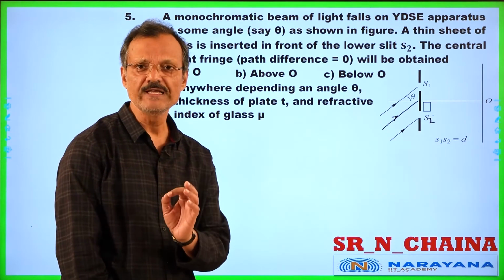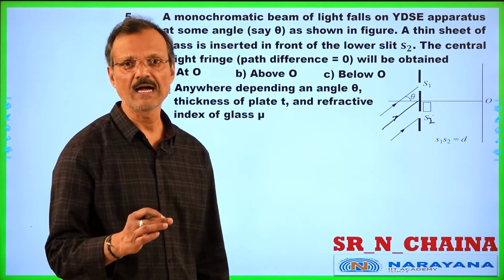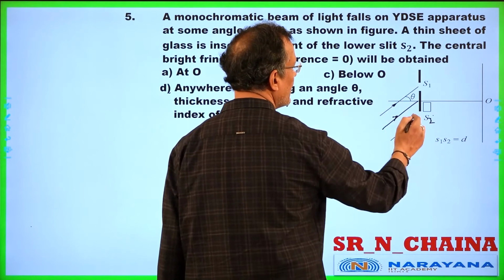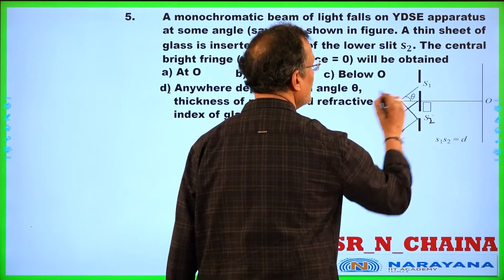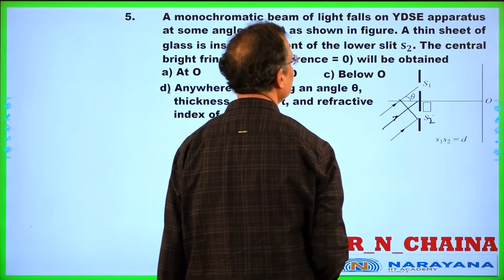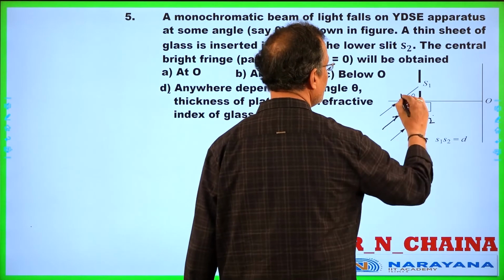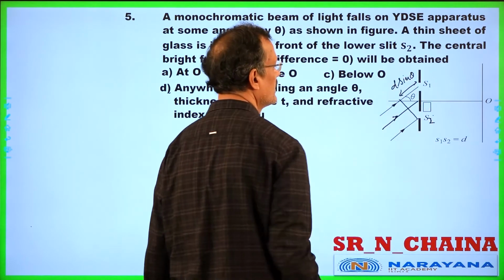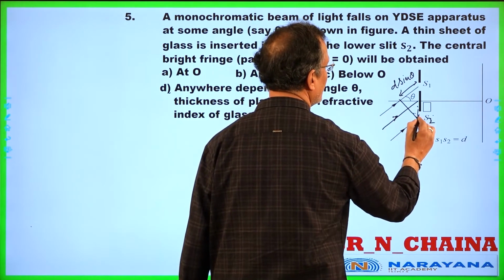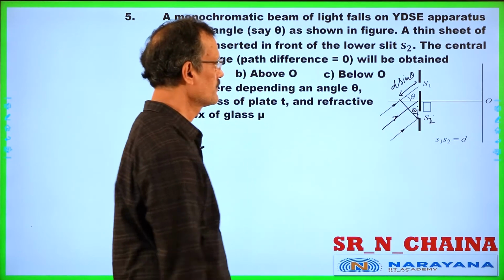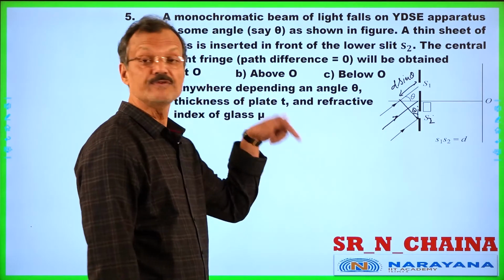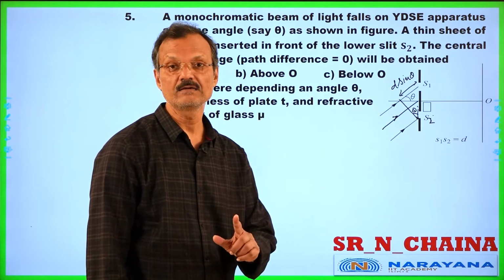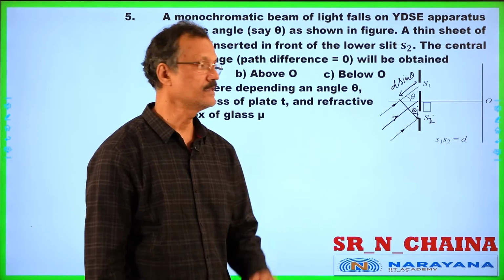The central bright fringe will be decided by the optic path. Let us go for optic path. This ray, if I drop a normal here, and if this distance is d, then this will have value d sine theta. If this angle is theta, this angle will also be theta. It means that the wave emanated from S1 and reaching point O is traveling an additional distance d sine theta.